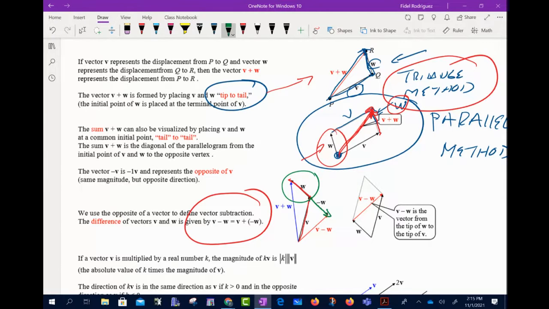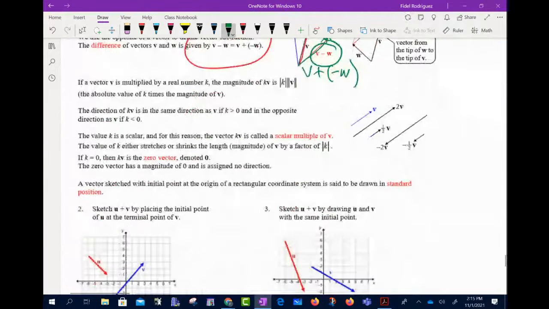So if we were going to go from here to here, and then from here to here, we could have just gone this way, and that's v minus w, because remember, v minus w is the same thing as v plus a negative w, right? And how do we add vectors? I go from the tip to the tail, and from the tip to the tail. So if I'm going to walk from here to here, we could just use that triangle method again.